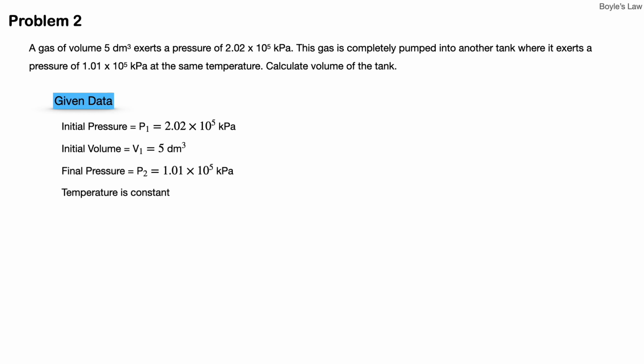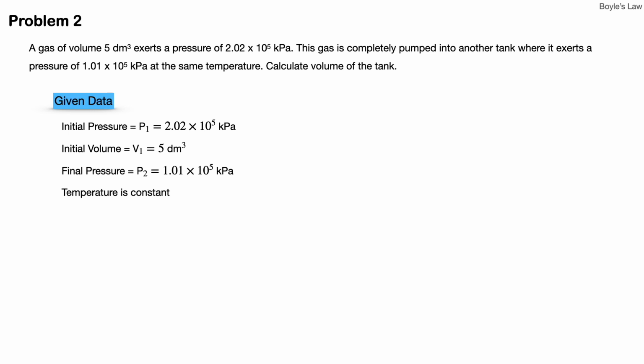The given data is initial pressure P1, which is 2.02 times 10 raised to the power 5 kilopascals, initial volume V1 is equal to 5 cubic decimeters, final pressure P2 is equal to 1.01 times 10 raised to the power 5 kilopascals, and it is given that temperature is constant.